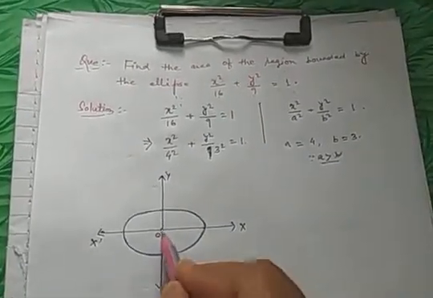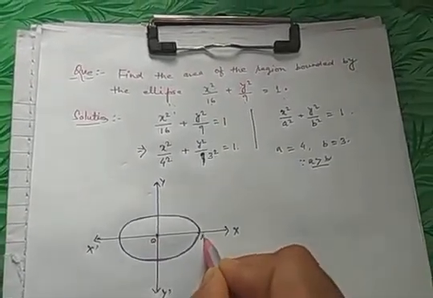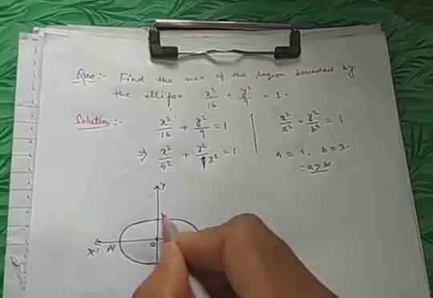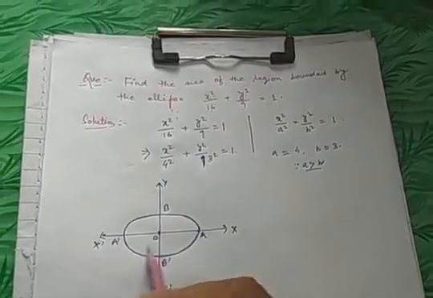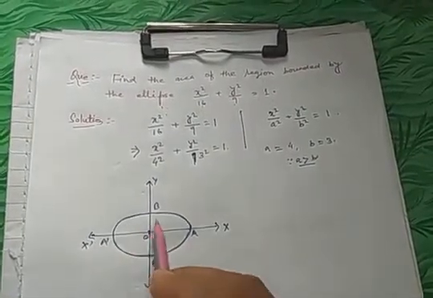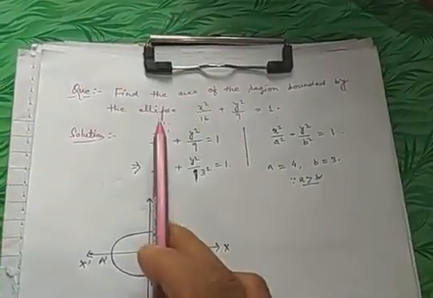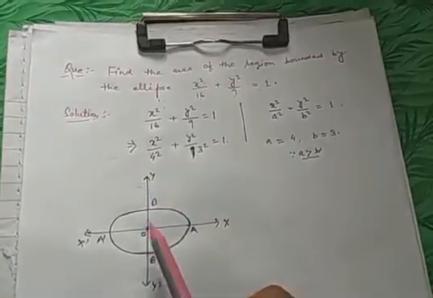Here this is A, A dash, B and B dash. Students, A A dash is called the major axis of the ellipse and B B dash is called the minor axis of the ellipse.